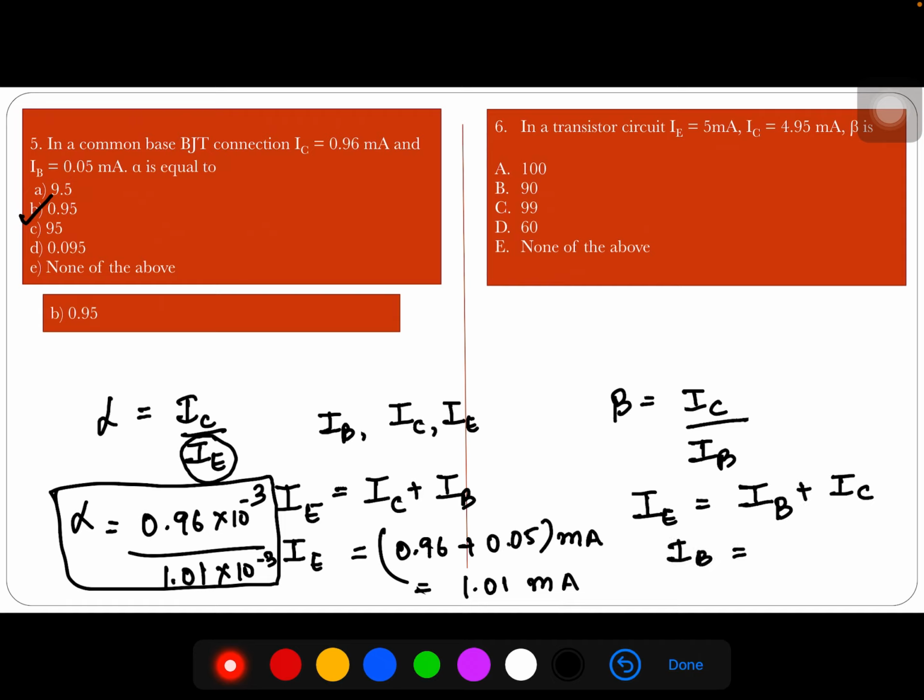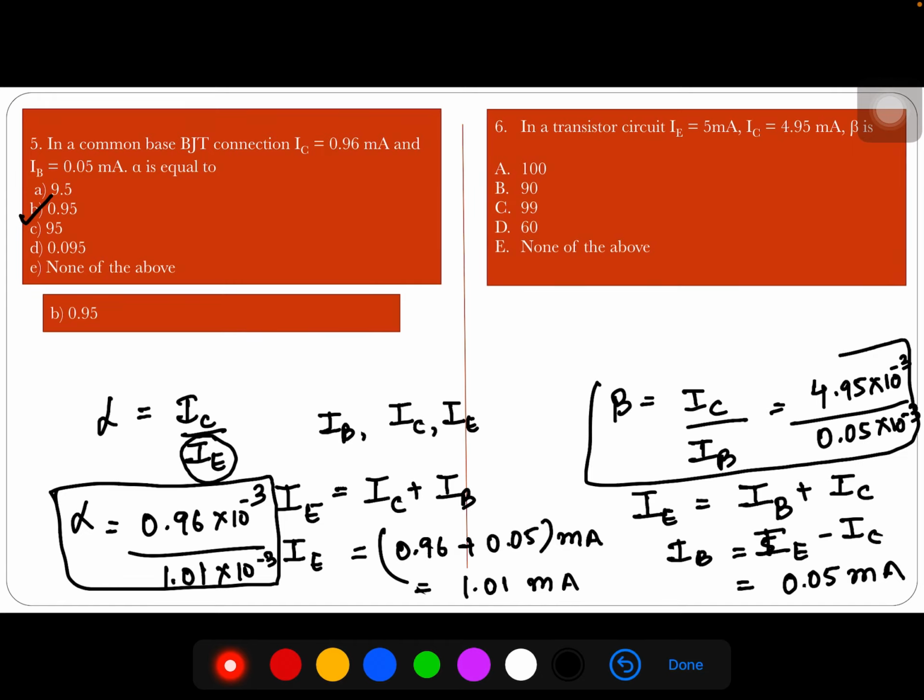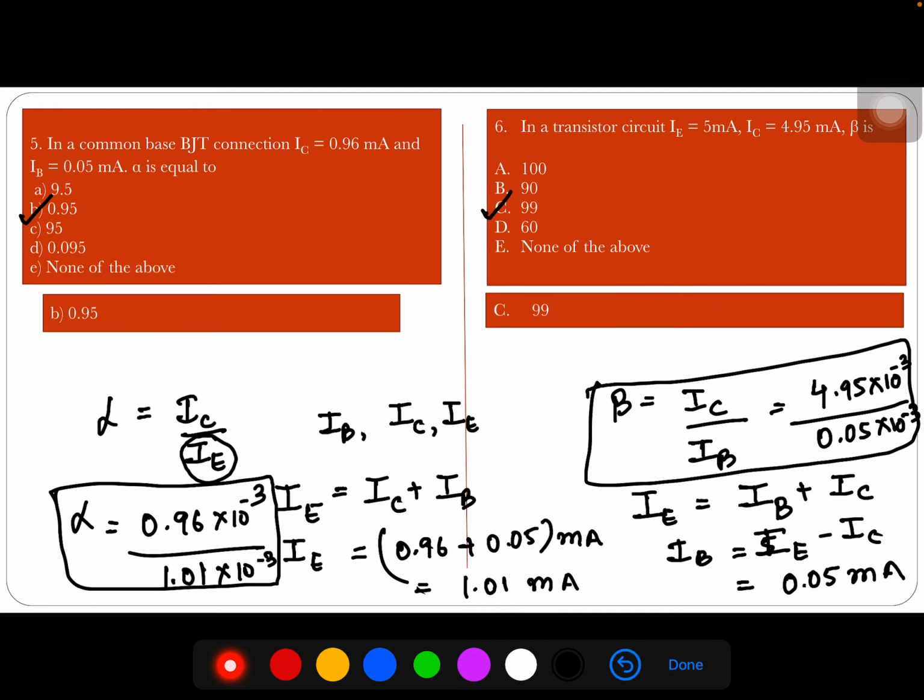So IB will be IE minus IC, which is 5 milliampere minus 4.95 milliampere, giving you 0.05 milliampere. When you put this value in the formula of beta, it will give you 4.95 into 10 raised to the power minus 3 divided by 0.05 into 10 raised to the power minus 3. You can solve it through your calculators and you will get the answer as 99. So the correct option is C, that is 99.